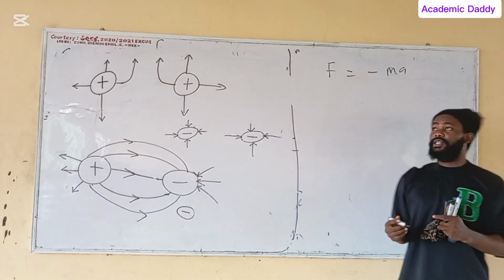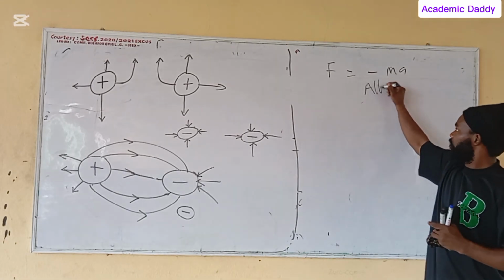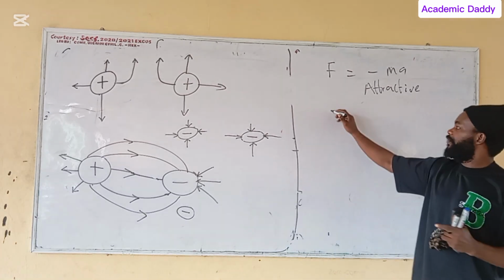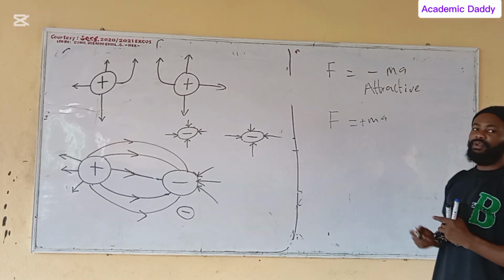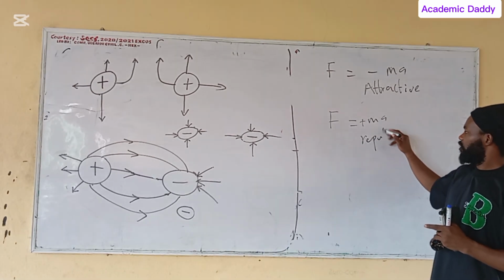No. Rather, what you say is that for the fact that it's negative means attraction. So your force is an attractive force. But if as you are always solving, you are getting just positive, know that your force is a repulsive force or repulsion.